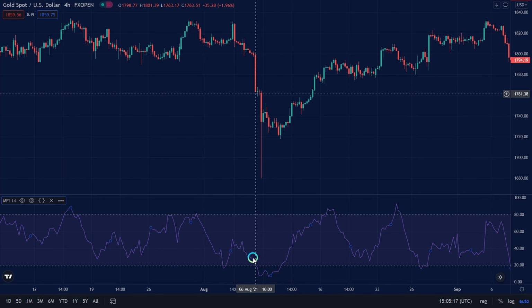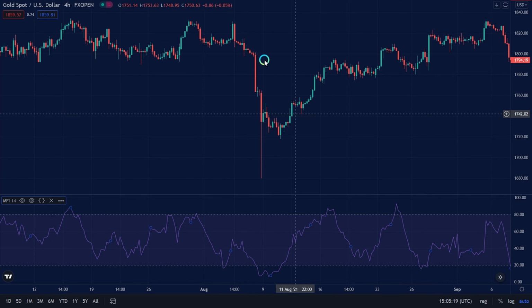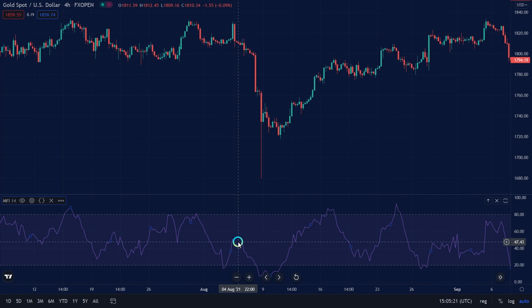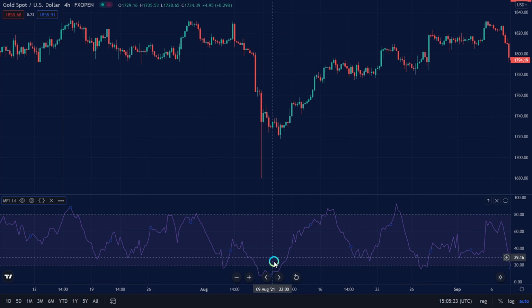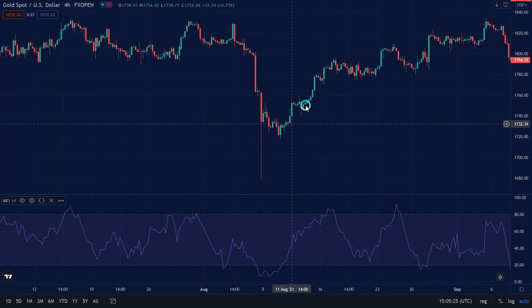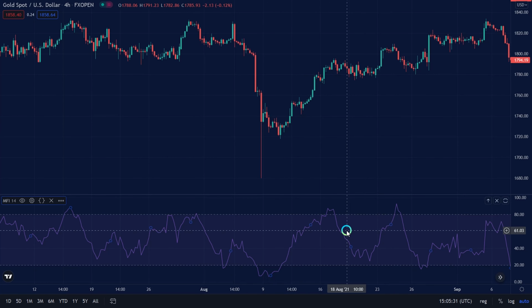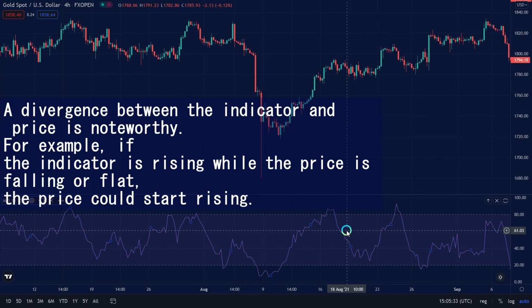For example, here it is not the case, because the price moves downside and the indicator moves downside, and here the indicator moves to the upside and the price moves to the upside. So here it is not the case, but of course there are times when it is the case, and then we can identify a reversal of the current trend.